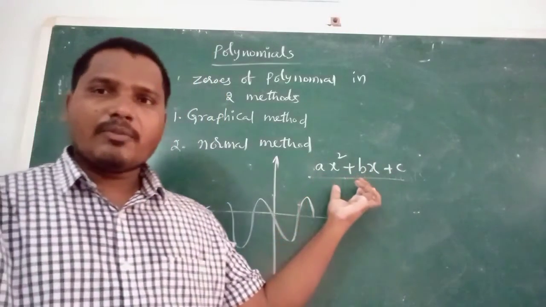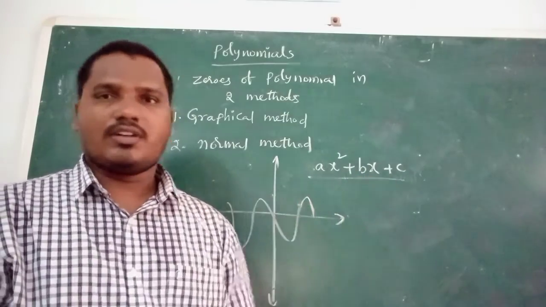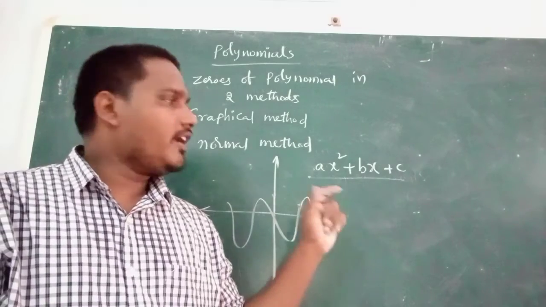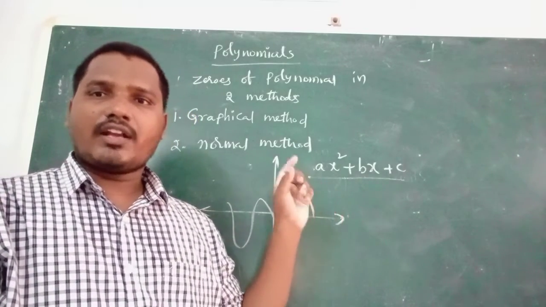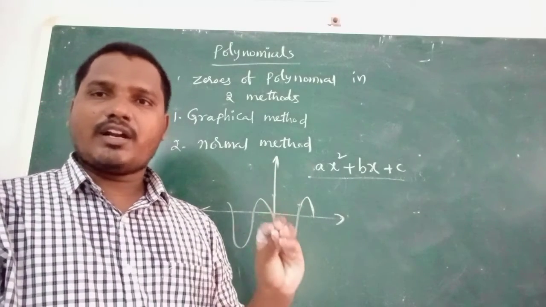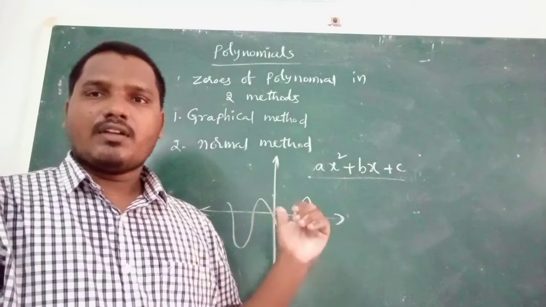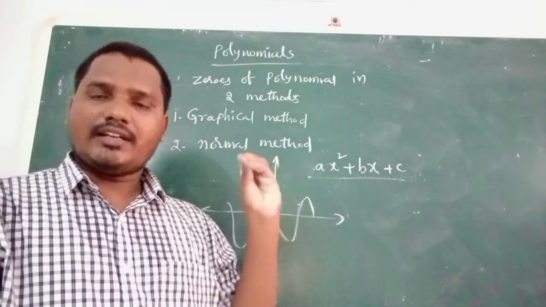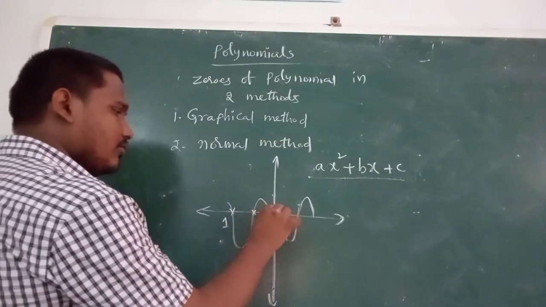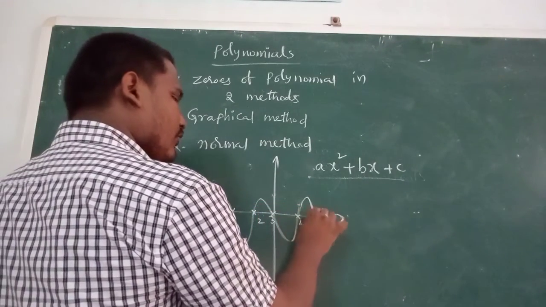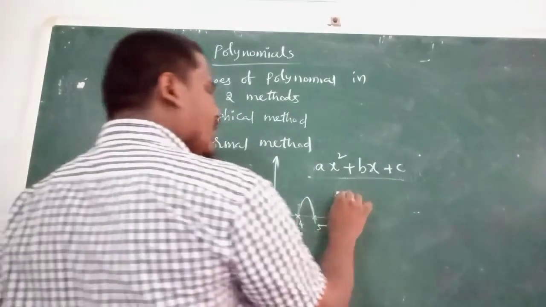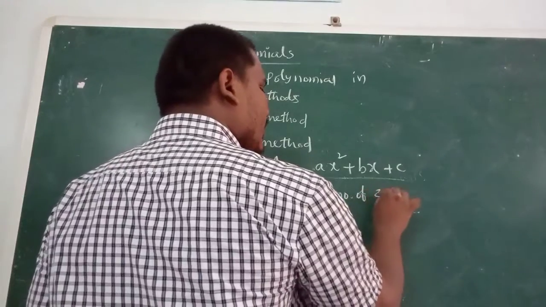The whole polynomial will be in x only; here we are not taking any y value. That's why we count how many times the given parabola touches the x-axis, and that is the number of zeros. Here 1, 2, 3, 4, 5. So the number of zeros is 5.